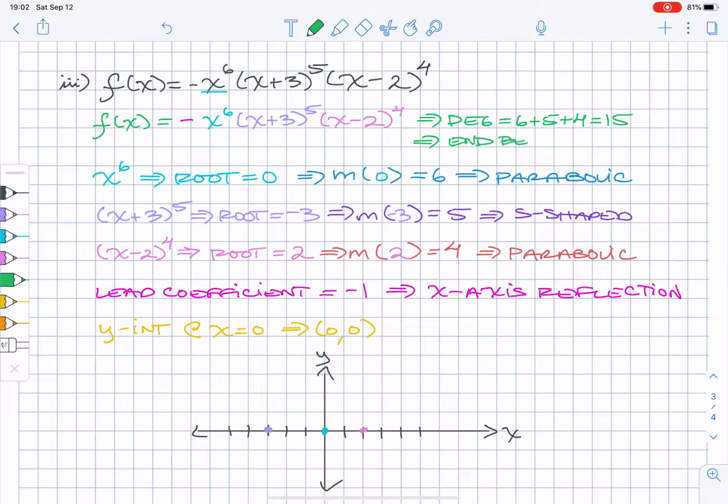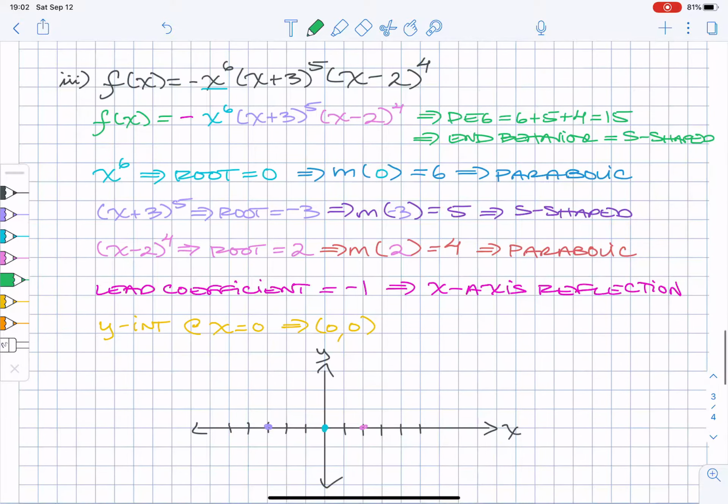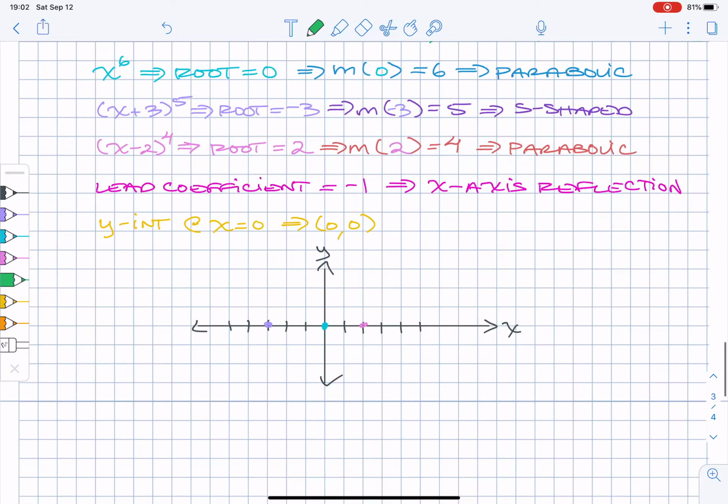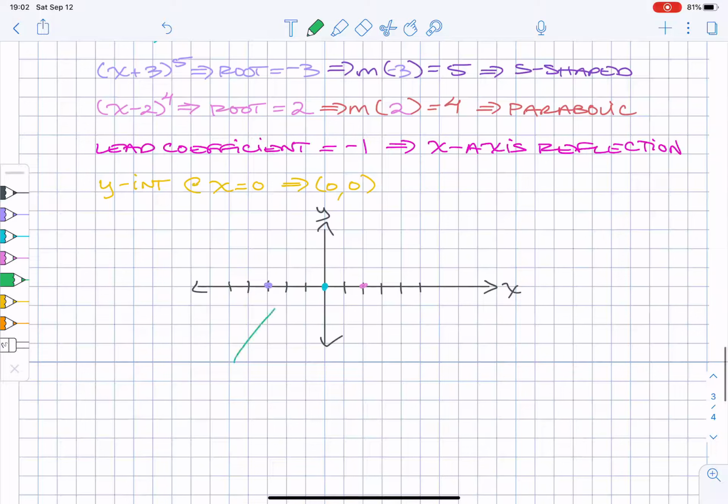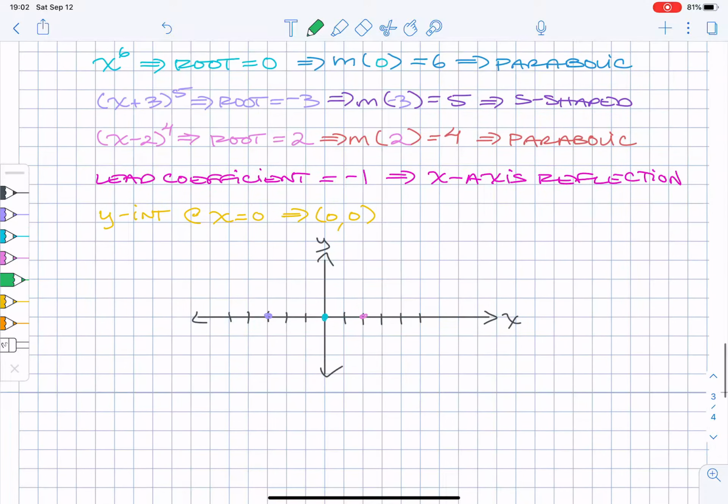These 60-hour weeks are not doing me well. So end behavior is going to be S-shaped because it's odd, right? Okay, but we have an x-axis reflection, so instead of doing this, we need to be doing this because we're reflected. So therefore, I'm going to come from over here somewhere, and I'll end up going down here somewhere.